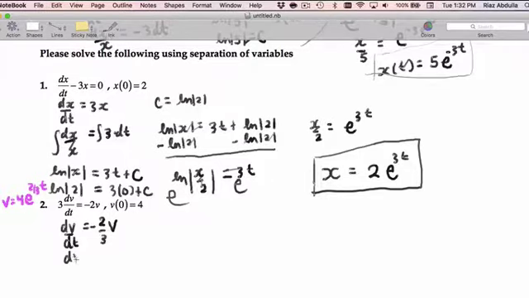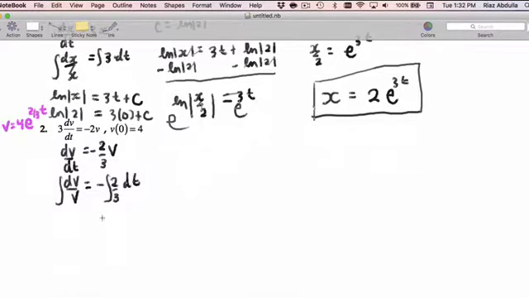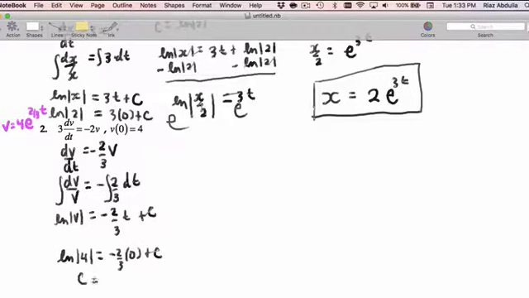So we're going to get that dv over v equals negative 2/3 dt. Let's integrate both sides. And so the natural log of v equals negative 2/3 t plus c. Plugging in our initial conditions, the natural log of 4 equals negative 2/3 times 0 plus c. So c is the natural log of 4.